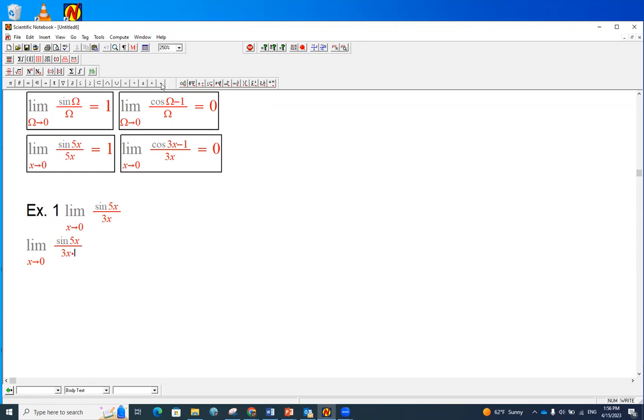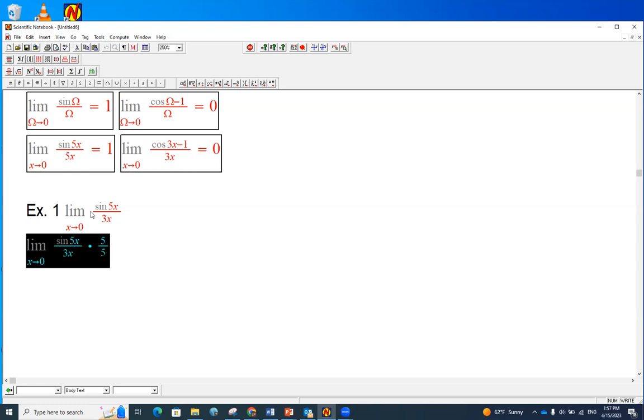Well, we can do 5, then 5x. But if we divide by 5, we need to multiply by 5. Basically, we have done 5 divided by 5. Principle number 1. So when we do this, 5 times x, that will make the 5x.